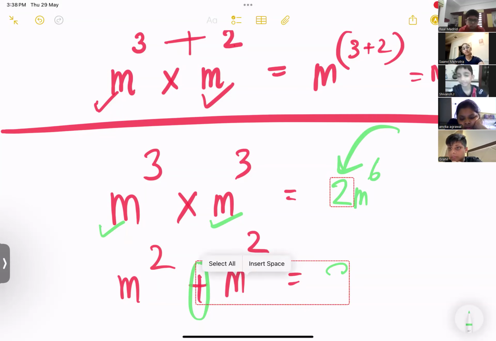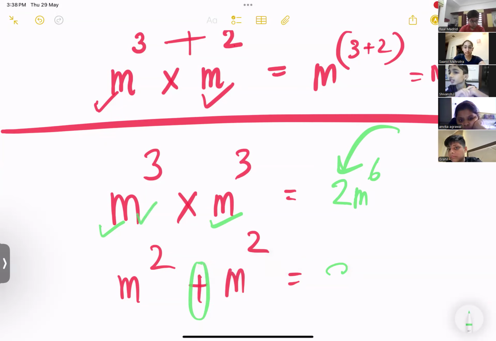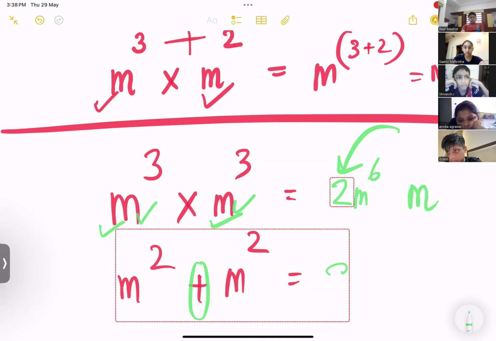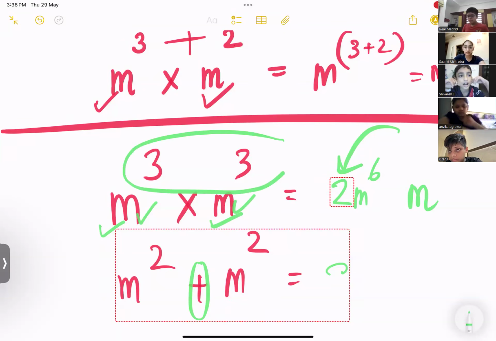Sanvi, please unmute. When we have one variable and the same variable and we are multiplying, we take that variable common, and the powers should be simply added. What has this child done?